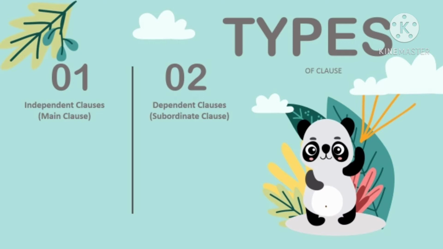So, clauses have two types. There are the independent clause or main clause and the dependent clause, called the subordinate clause. Let's discuss them one by one.